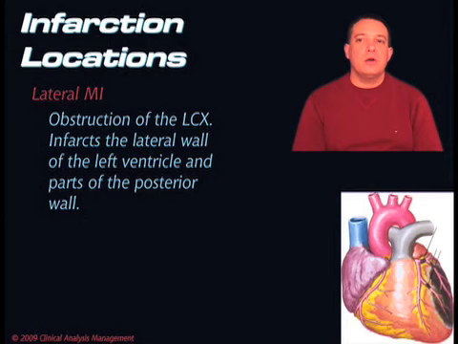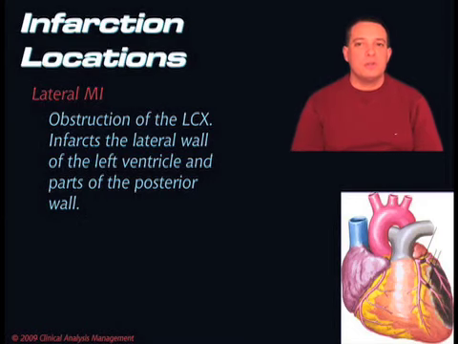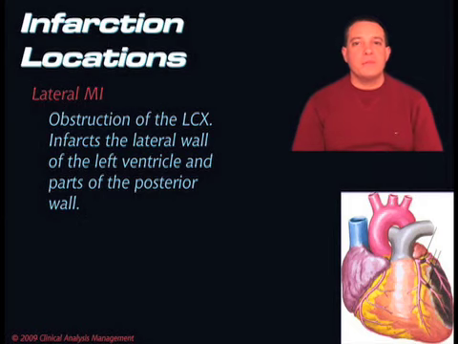Now, remember with the circumflex, anywhere from 40 to 49% of patients get the vast majority of their blood flow to the posterior part of their heart from their circumflex. So by definition, if I've got a complete occlusion of the circumflex in 40 to 49% of people, that also means that I'm going to have a posterior MI.